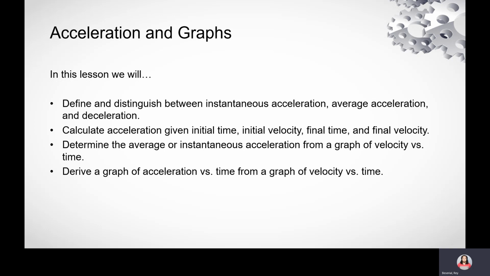And then we will also determine the average or instantaneous acceleration from the graph of velocity versus time. And then lastly, we will derive a graph of acceleration versus time from the graph of the velocity versus time.